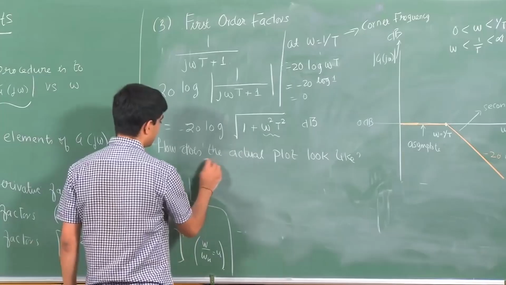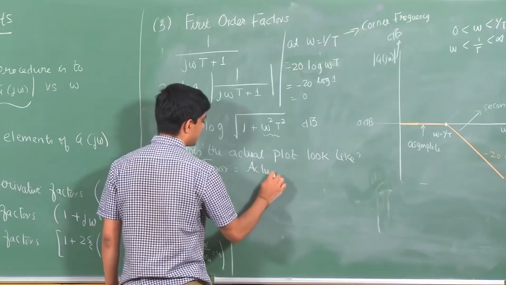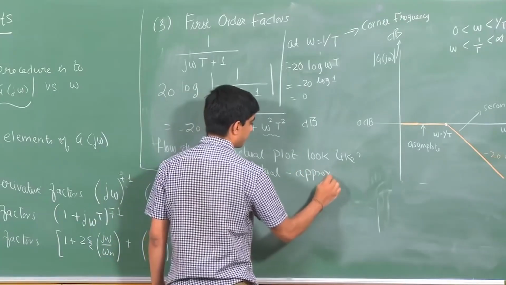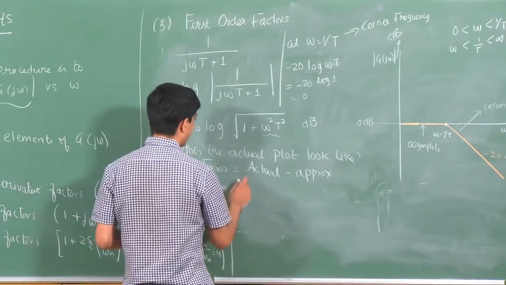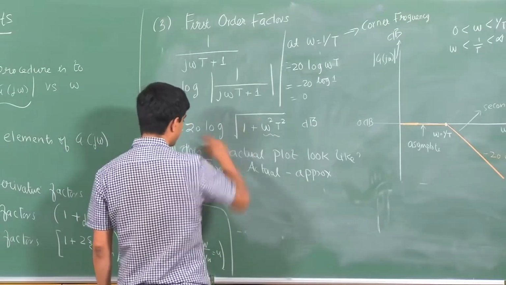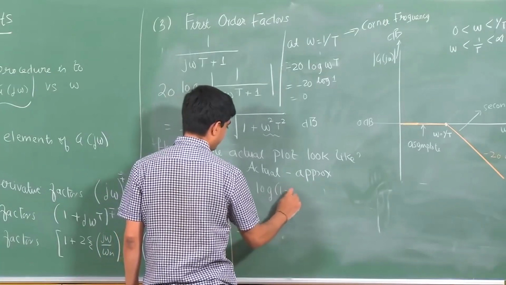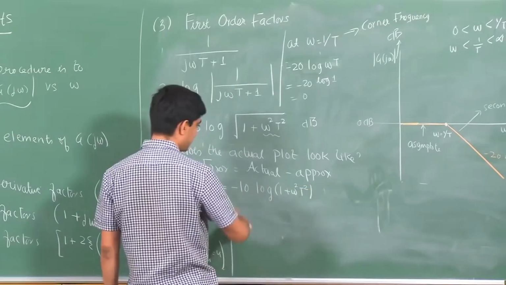So, the error is usually the actual minus the approximate. Okay. So, what is the actual? The actual is, well, I can write this, the square root can go here, this is minus 10 log 1 plus omega square T square. This is the actual thing.